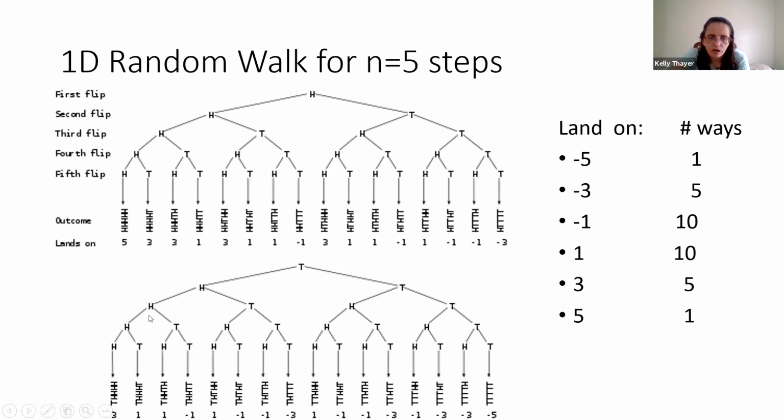These are the outcome sequences, and from those we can work out how many times we would land on each of these various positions on the number line. In the maximum displacement, we could go 5 steps to the right or 5 steps to the left. Those would be the maximum displacements we could have, and then there would be some other displacements in the intermediary region.